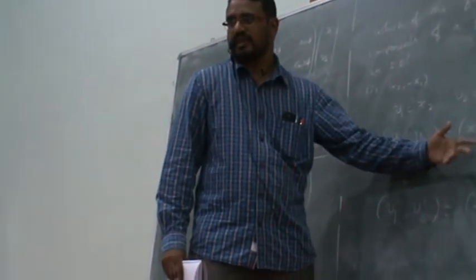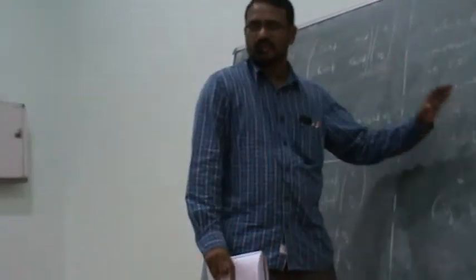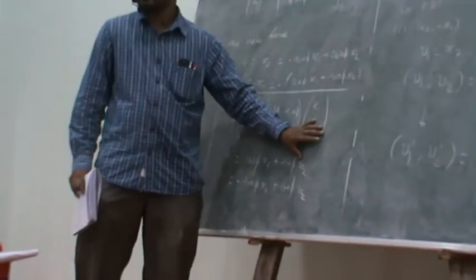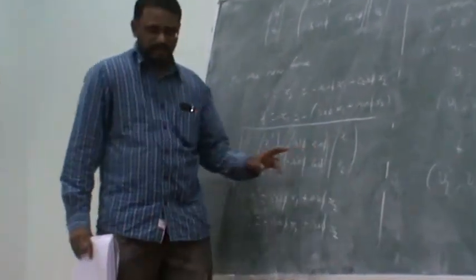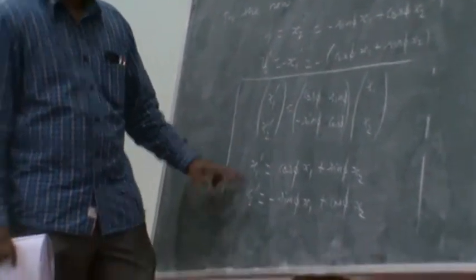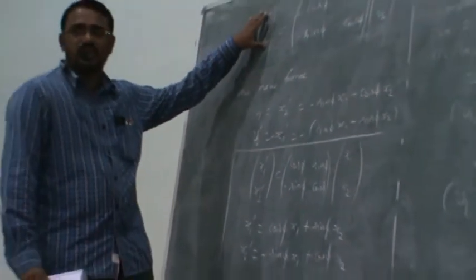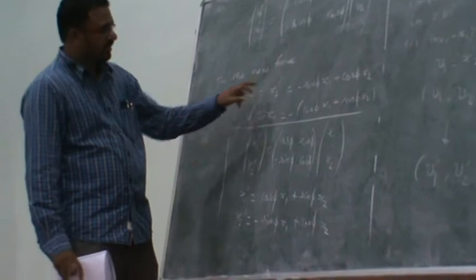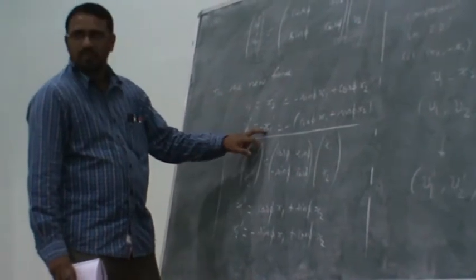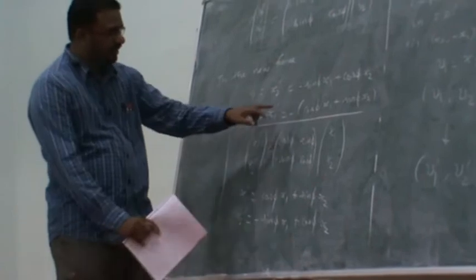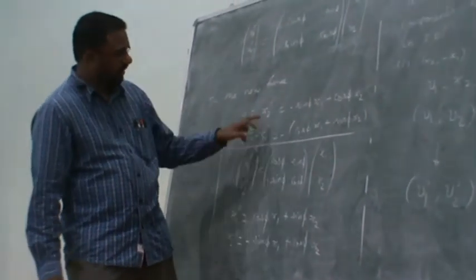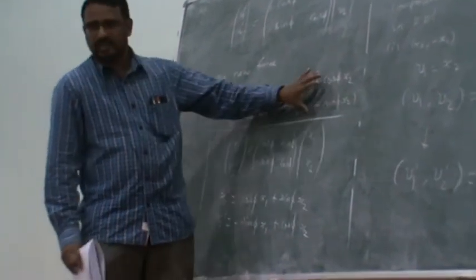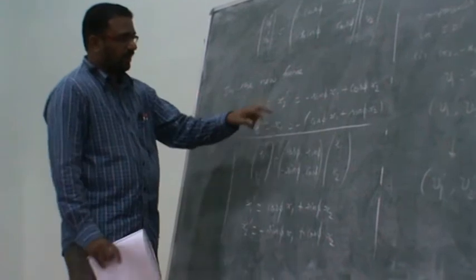Then, if it is a first rank tensor, it must transform in the same manner as v1, v2 does. Now, this is in terms of some arbitrary vector v. So you identify x2 as v1 prime and minus x1 as v2 prime. Now you back substitute: x2 prime is equal to this one, x1 prime is equal to this one. So this is the transformation rule for x2 and x1, correct?